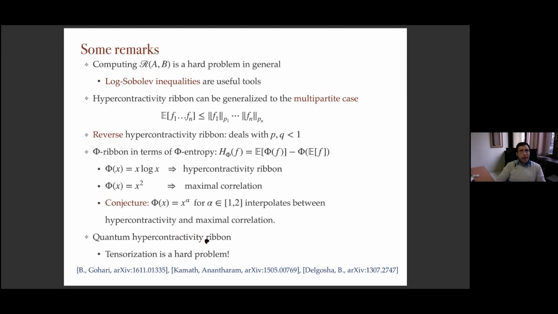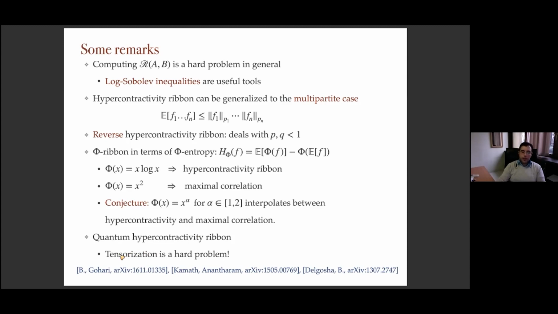Probably we have an explicit example, but the point is that, unlike the operator norm, the super operator norm is not multiplicative. Remember that we proved the tensorization property of the hypercontractivity ribbon in the classical case using the multiplicativity of the operator norm. But in the quantum case, instead of operator norm, we have super operator norm, and the super operator norm, unfortunately, is not multiplicative.